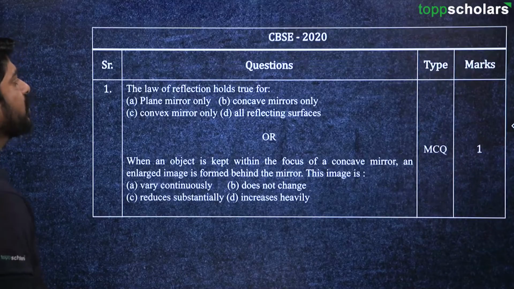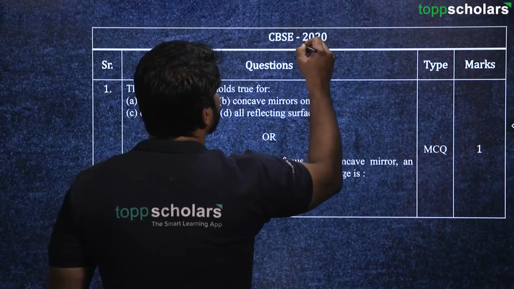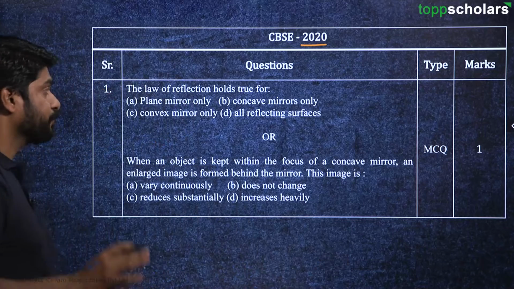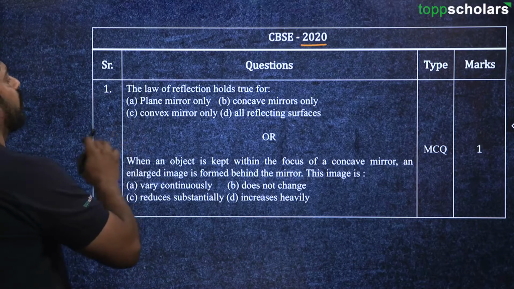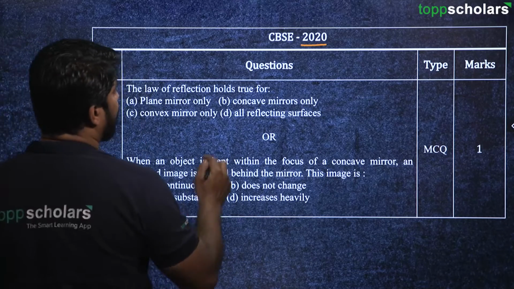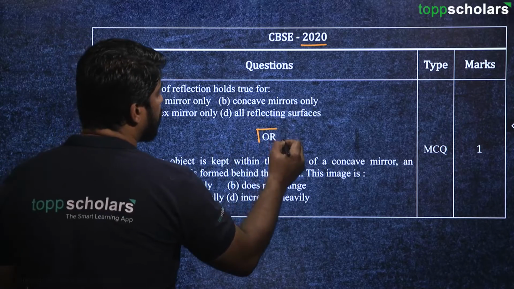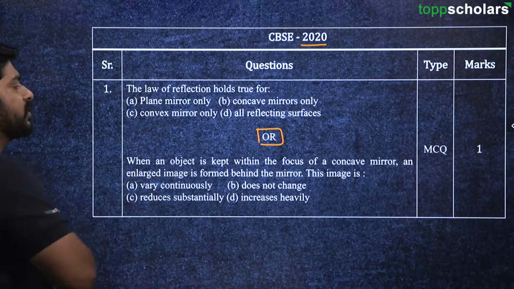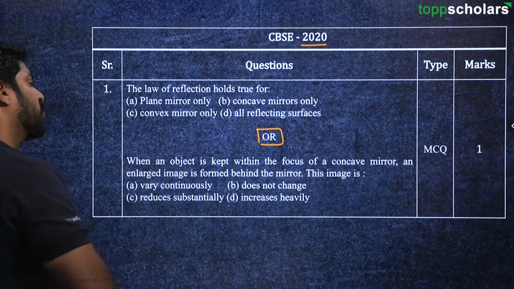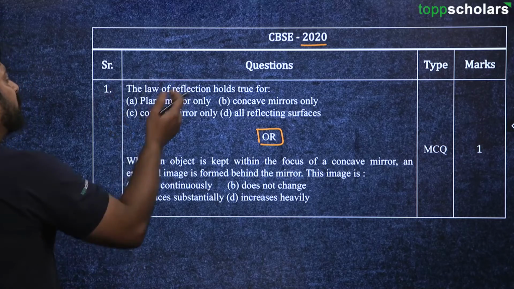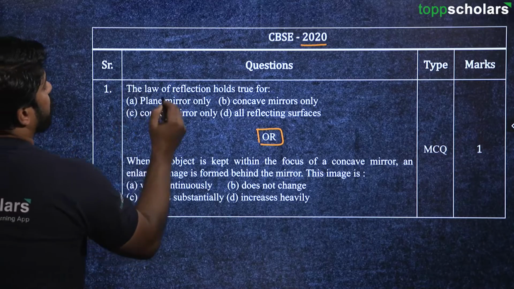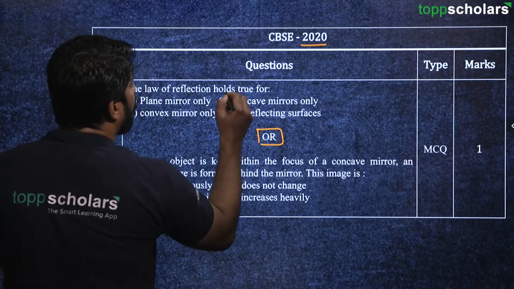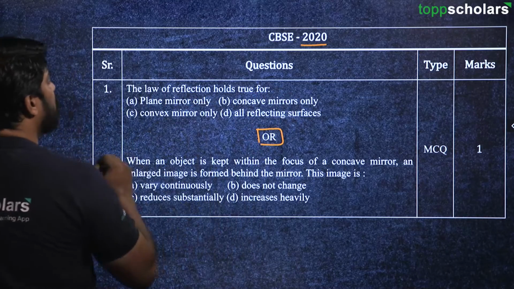Now moving on to the next, that is year 2020. Here we have got an MCQ question, as you can see, and it's an optional question. That means we have got 2 questions out of which you have to just solve one, but we are going to discuss both. So over here, the law of reflection holds true for what?